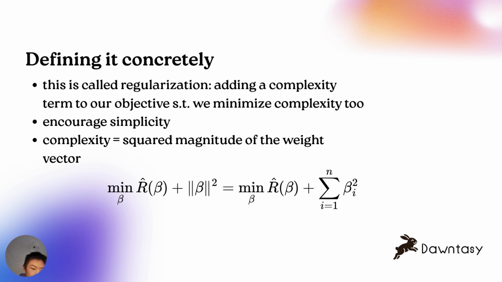The goal here is thus to encourage simplicity, make the model as simple as possible, and discourage it from being complex. The complexity, mathematically, is the size of that weight vector that we have. So if we compile all of our parameters into one singular weight vector and take the magnitude or the size of that and square it, we can think of that as our first concrete measure of complexity.